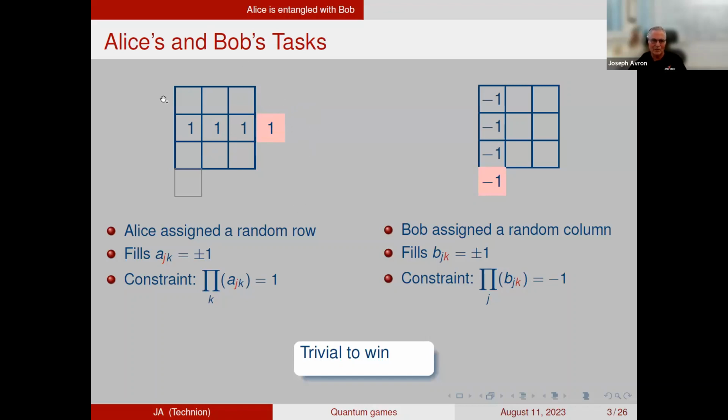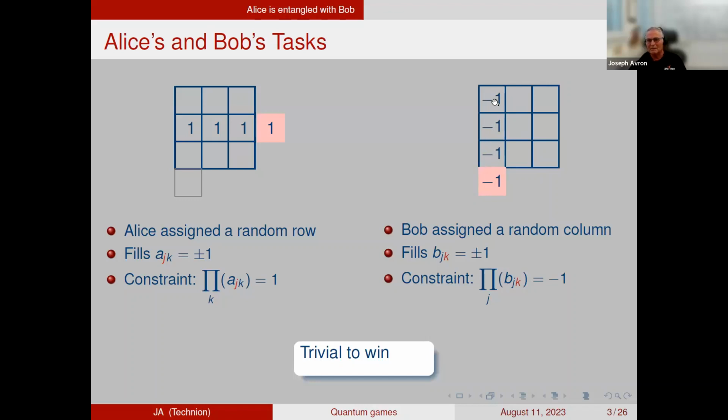So this is shown here in the picture, and it's written here. So that's what she has to do. Now, Alice has no idea what row she would be given, and the row is given randomly. So the casino decides, in this case, to put the second row, but it could tell Alice to fill the first row or the third row. Similarly, the casino tells Bob to fill a column. And again, he has to fill the column with either plus 1 or minus 1.